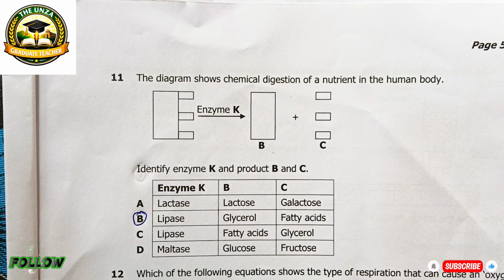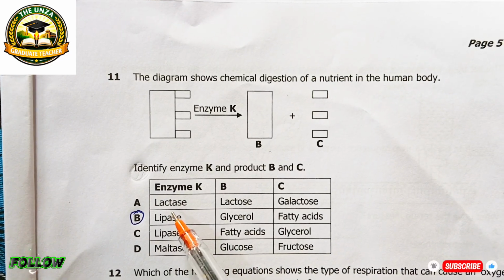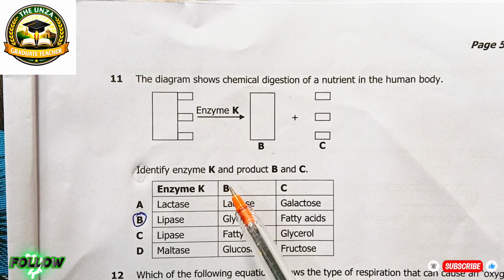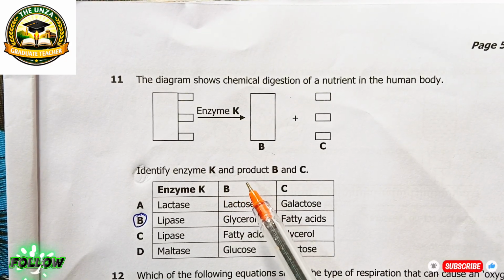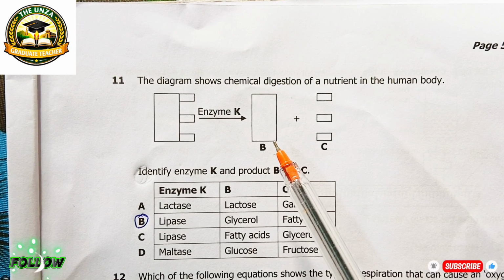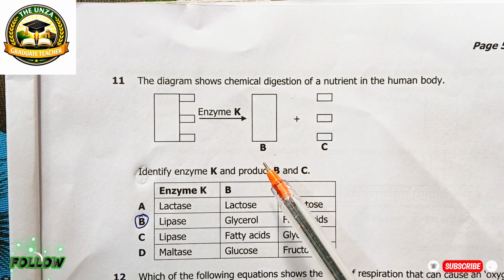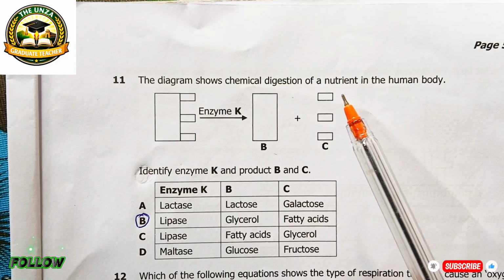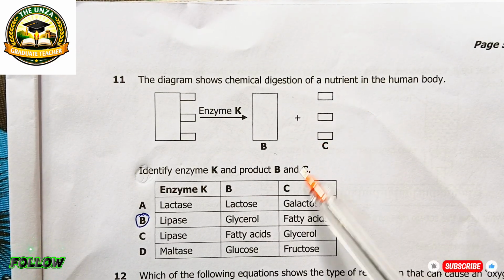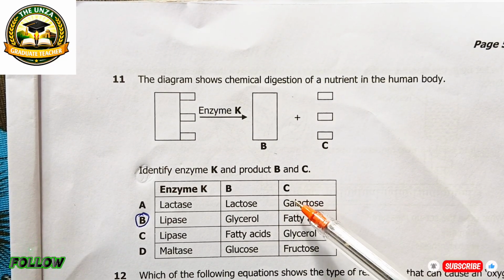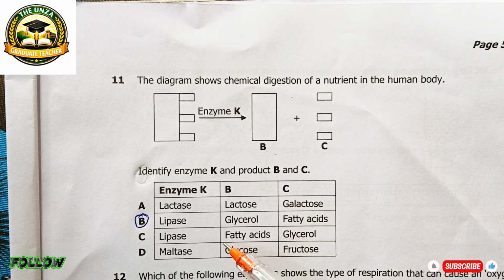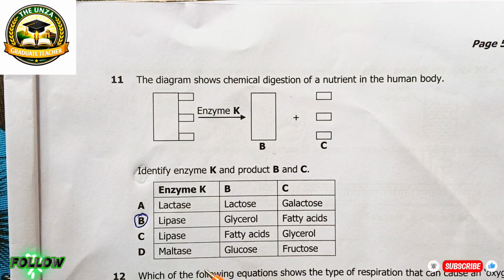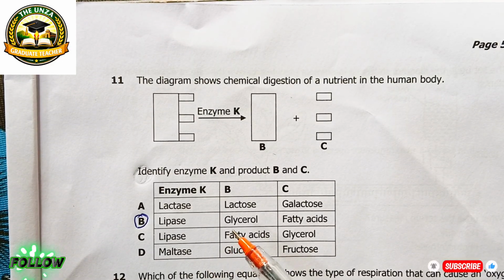So the reason why we have not chosen the others is that for A, lactase breaks lactose into glucose and galactose, not lactose and galactose. So this one is not correct. And the reason why we have not chosen C is that the products are reversed.